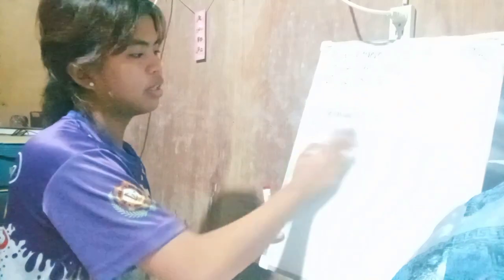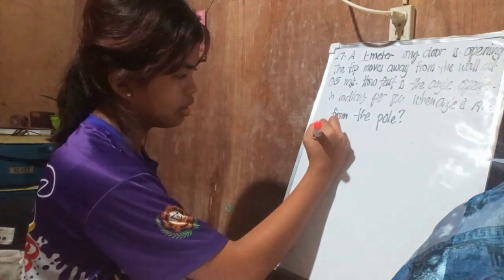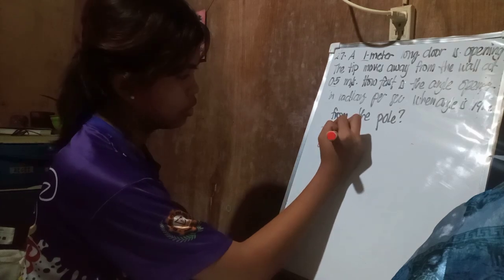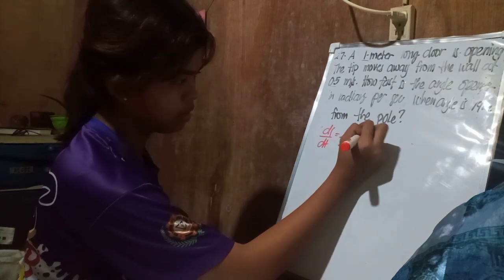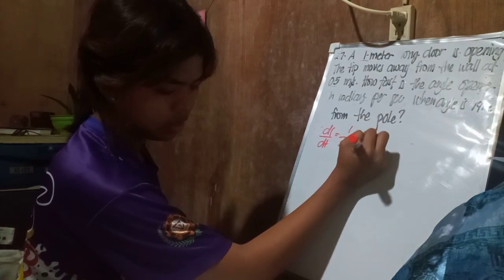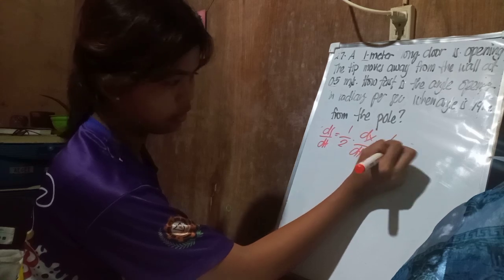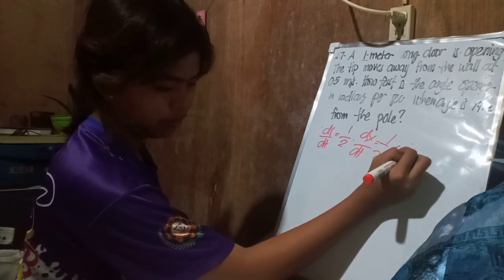Then, we need to differentiate: ds over dt equals 1/2 times dx over dt equals 1/2, then substitute the 1.5.